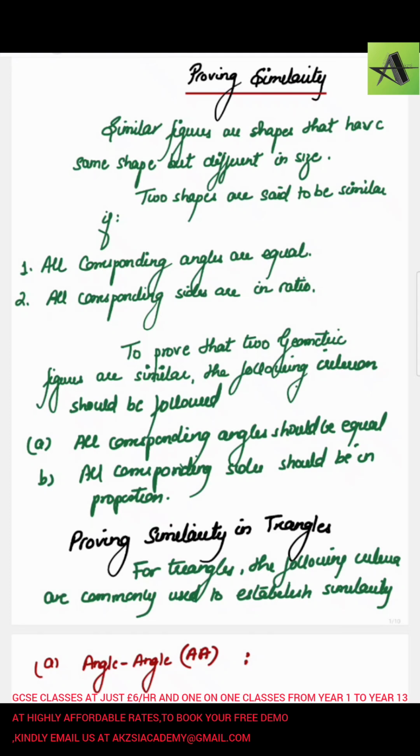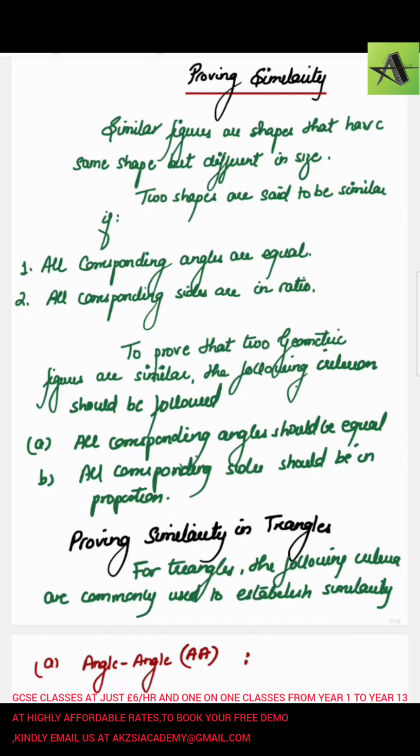So, the same thing we have to keep in mind is that two shapes are said to be similar if, as you can see I have written here, all the corresponding angles are equal. I explained that part in the previous video, and the same thing is here: all the corresponding angles have to be equal.